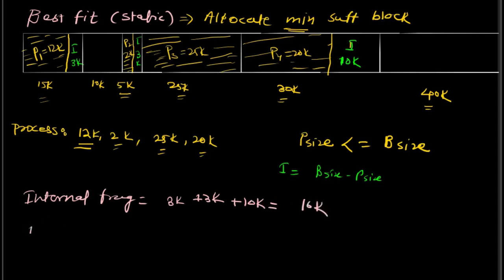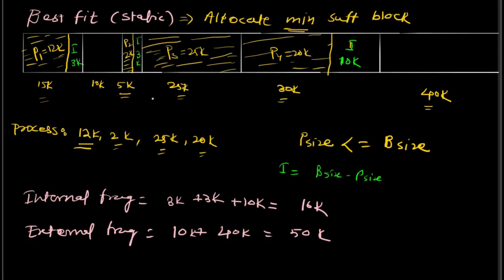And what is external fragmentation? External fragmentation is the unutilized blocks. Which ones are unutilized? The 10k block is unutilized, plus this 40k block is unutilized. So this 10k plus 40k is equal to 50k, which is the external fragmentation.